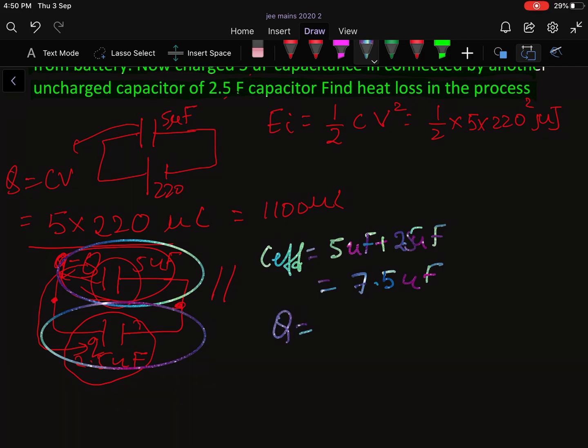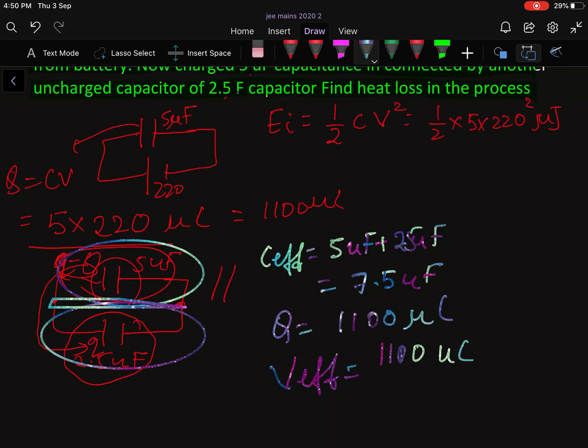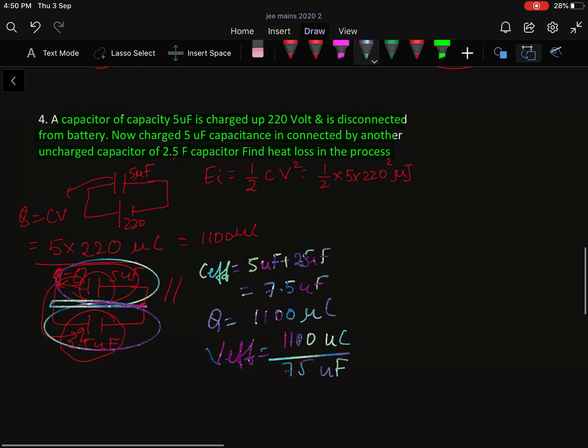The overall charge will be the same, 1100 microcoulomb. So the V effective across both capacitors will be 1100 microcoulomb divided by 7.5 microfarad.